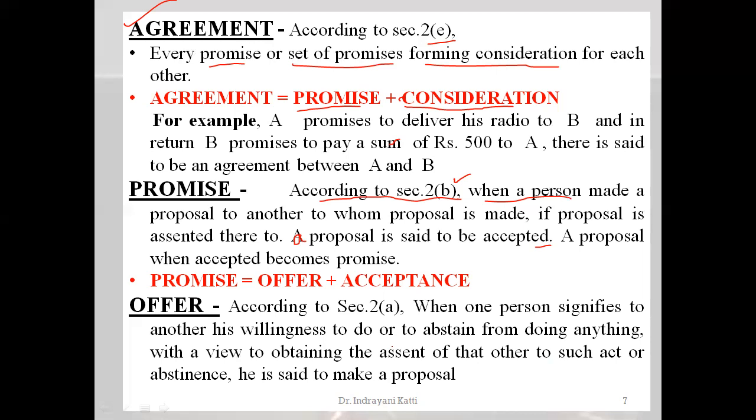Promise is equal to offer plus acceptance. Offer is an expression of his willingness to do or abstain from doing anything. So that is called an offer. Here I conclude the discussion of these words.